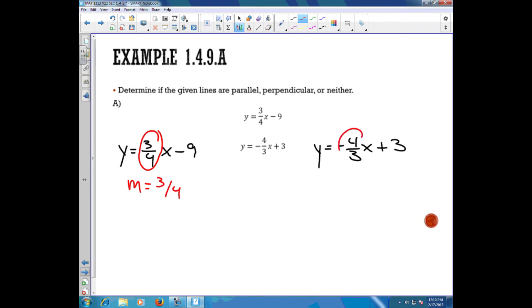In the second line, the slope is negative 4/3. Obviously, these two are not the same. However, if we take the first slope, m1, and we flip it over and we change the sign, you will get m2. So these two are perpendicular.